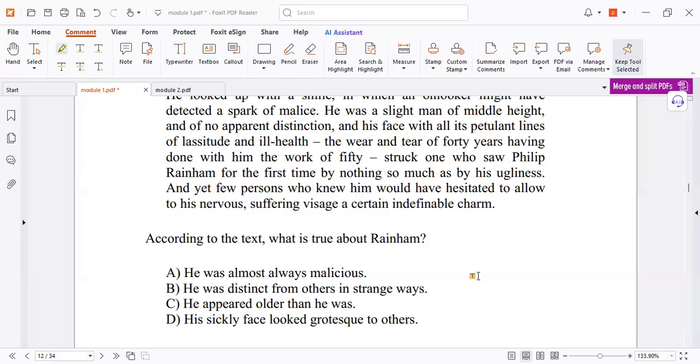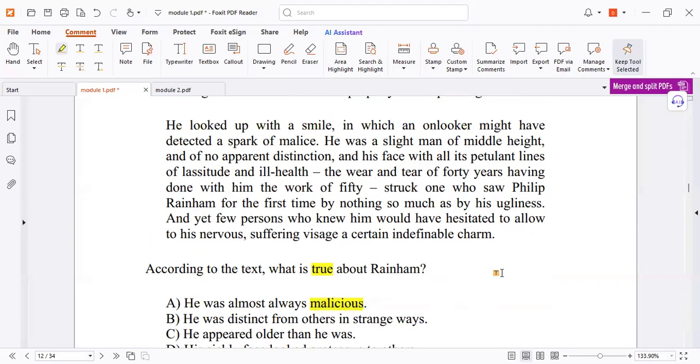Or can it be A? Because the first sentence says malice, so maybe malicious. But what's true? He was almost always malicious. Always? He might have detected a spark of malice. I don't know.